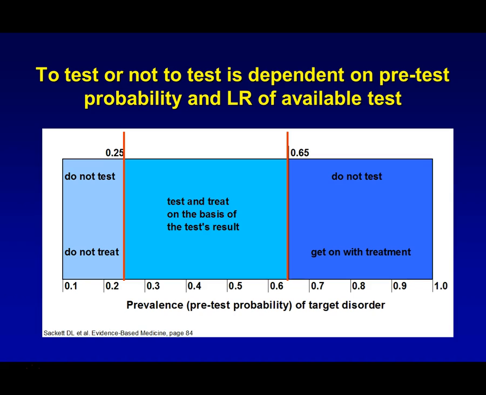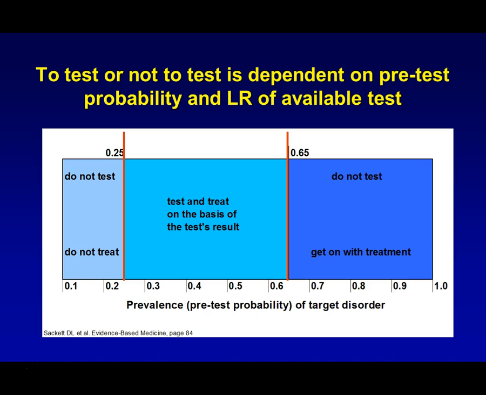To test or not to test is dependent on the pretest probability and the likelihood ratio of an available test. We discussed before that at a low prevalence the positive predictive value is low. Also, the likelihood ratio tells us something about the probability of disease after performing the test.